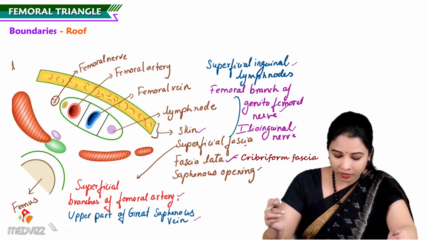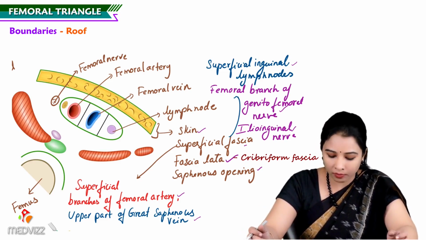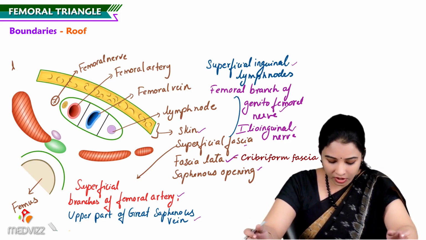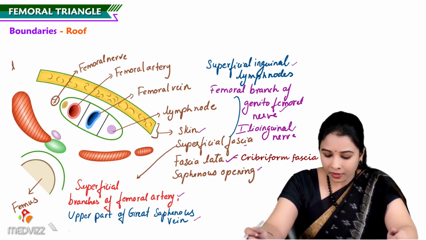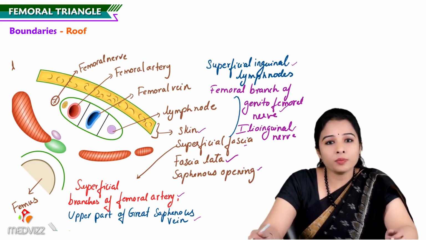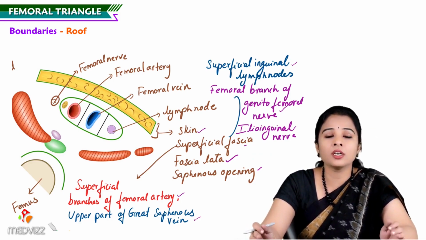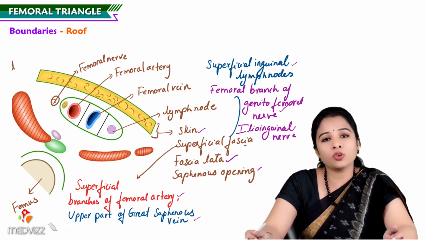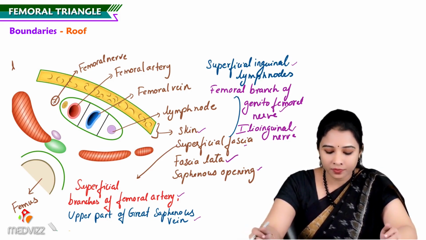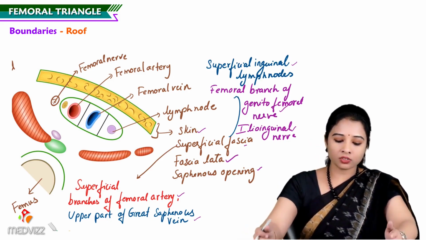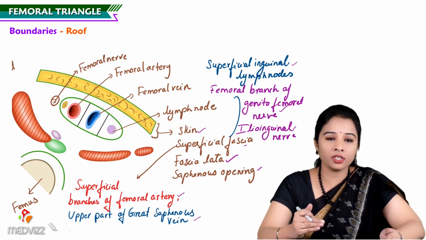Even the upper part of the great saphenous vein is present within the superficial fascia. And along with it, the superficial tributaries of the great saphenous vein are present along with the branches of femoral artery. So all these are the structures forming the roof of the femoral triangle.